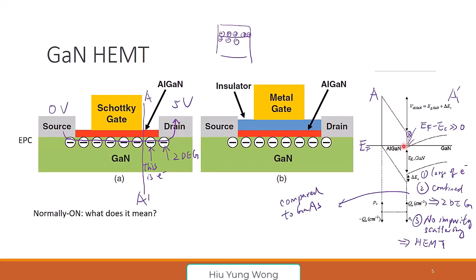The reason I have a lot of electron is because of the difference in polarization charge, and we calculated last lecture, 1e13 per cm square. Do I answer your question? Yes, Professor. Thank you. Okay, great.